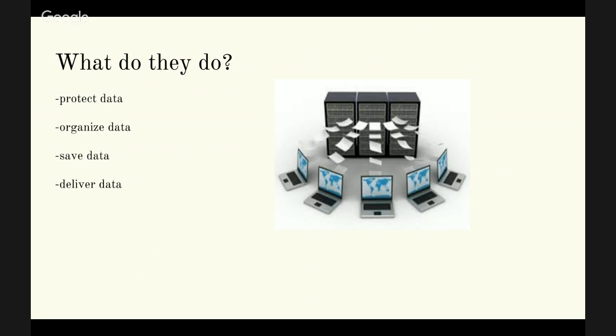So, what exactly do they do? Databases' strong security profile protects data, which is good because it prevents hackers and anybody that doesn't have permission from getting access to a specific database. So it does not allow them to retain any information from a database or grant access to it.